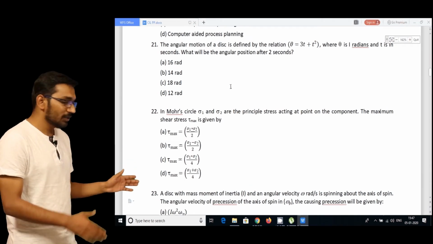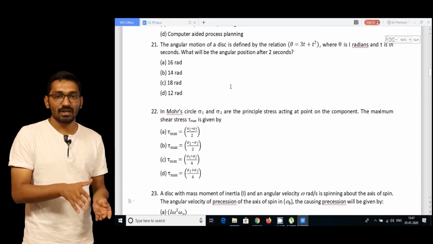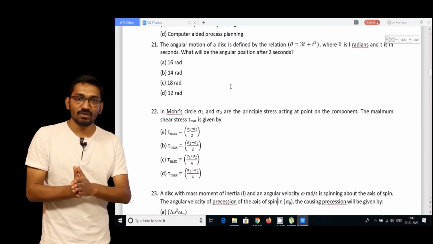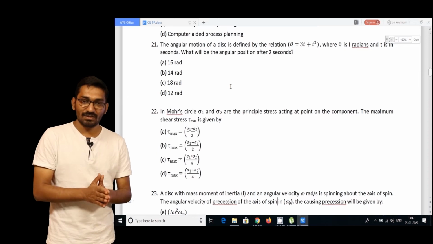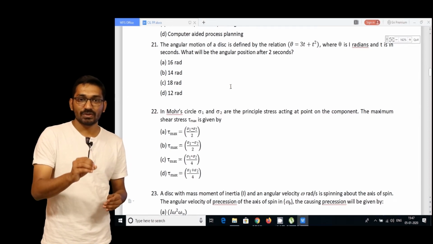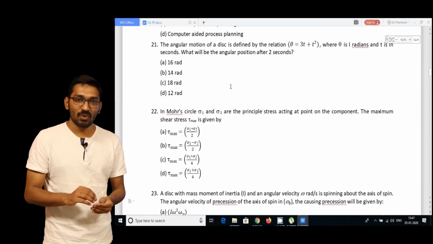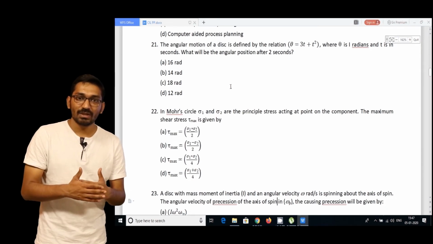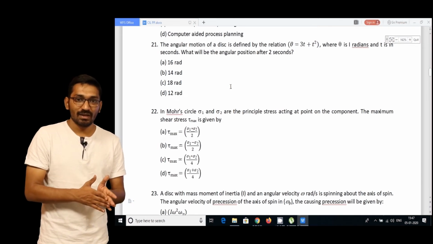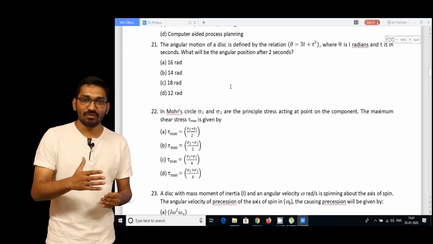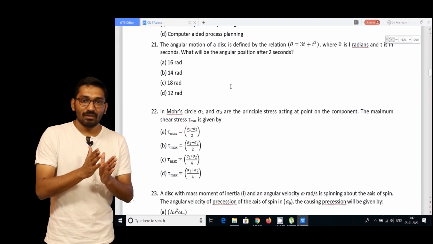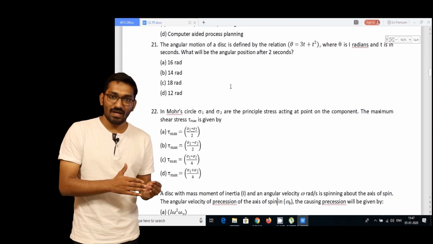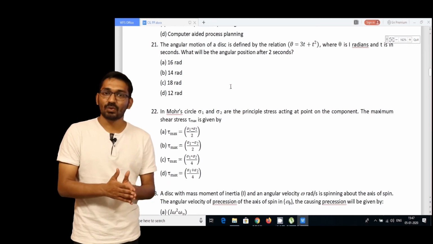You all know that the radius of the Mohr circle will give you the maximum shear stress, and the x coordinate of the center of the Mohr circle will give you the normal stress on the tau max planes, right? If we see some of the theory here, the principal planes are those planes where your normal stresses are maximum and there is no shear stress.